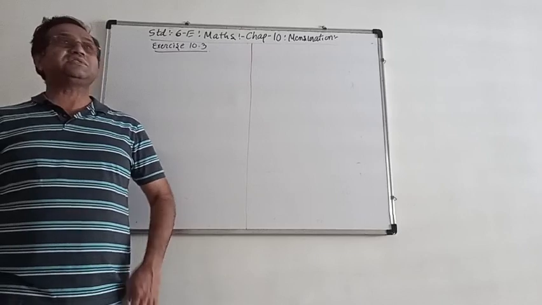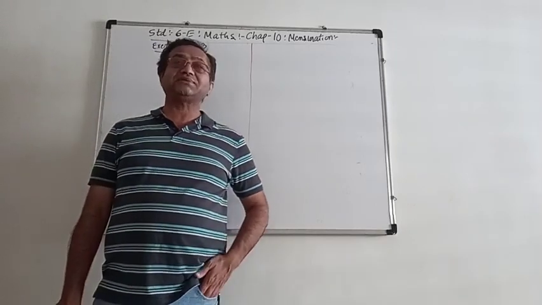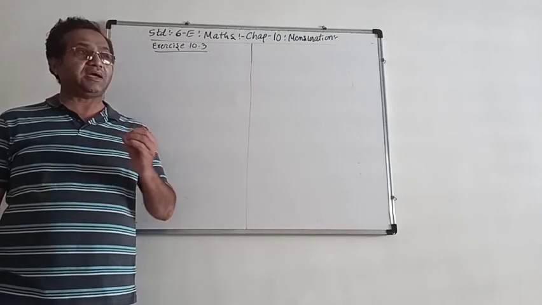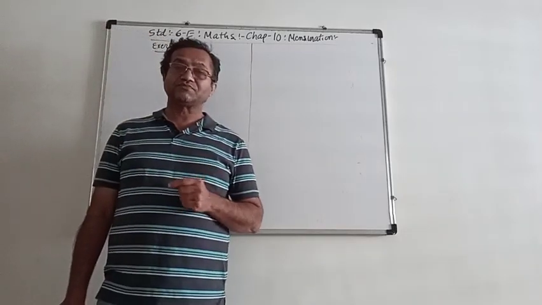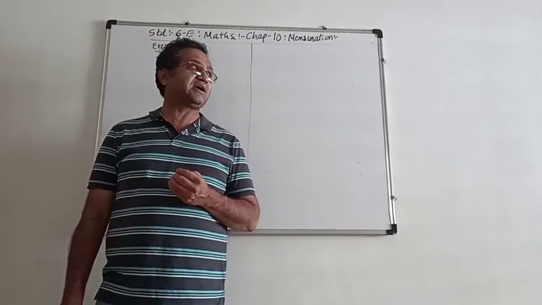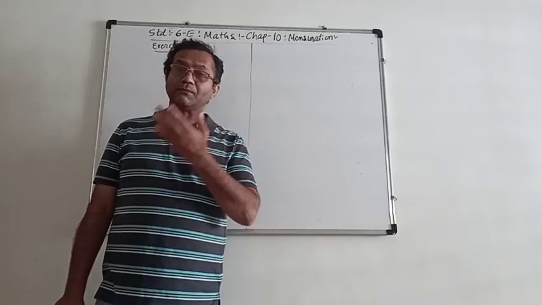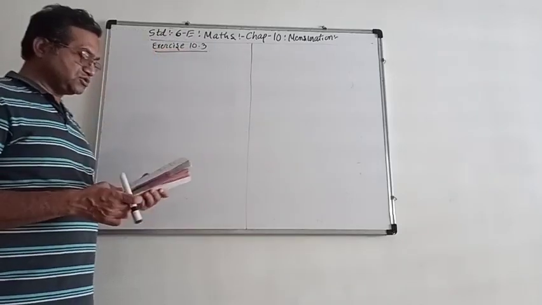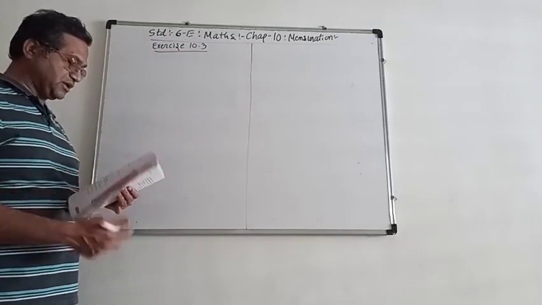We know that area of a rectangle is length multiplied by breadth, and area of a square is side multiplied by side, or you can say length multiplied by length. So now today we are going to start exercise 10.3.